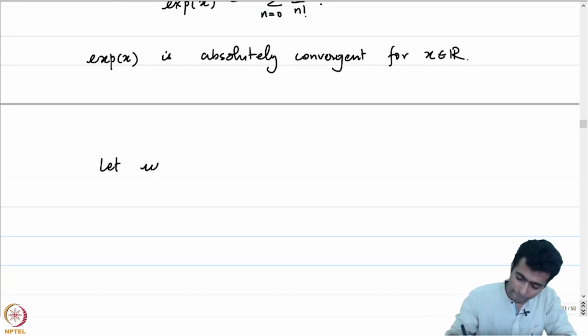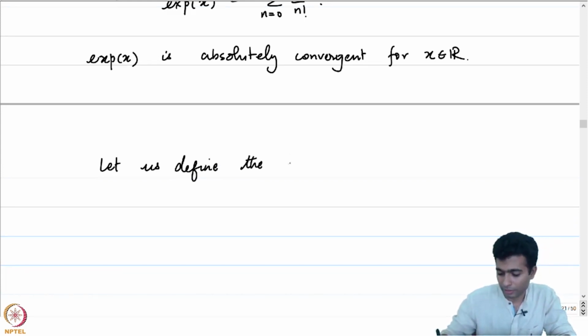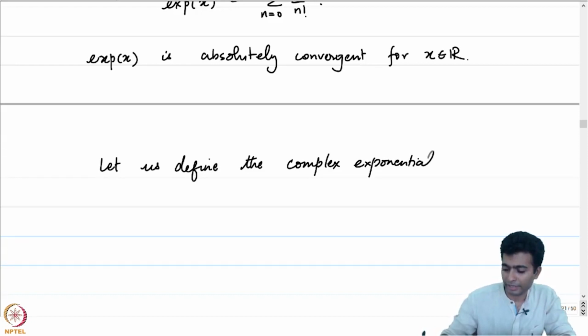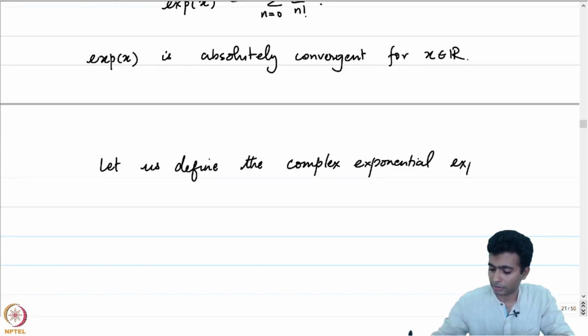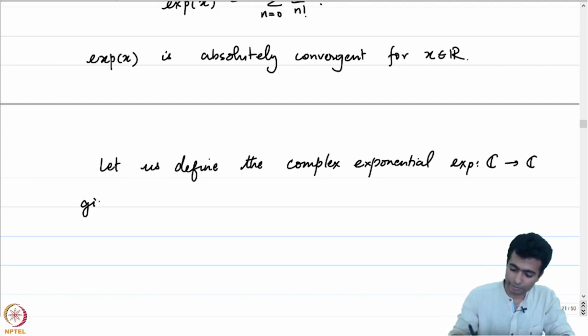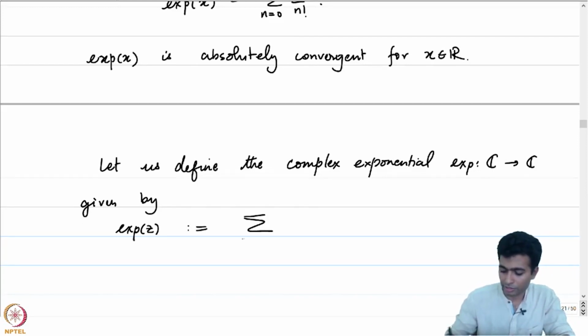Let us define the complex exponential, yet again we will just call it exp. It is now from C to itself, given by exp of z defined to be summation n equal to 0 to infinity z to the power n by n factorial.